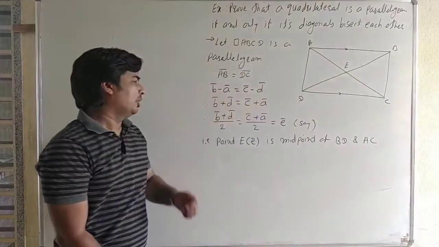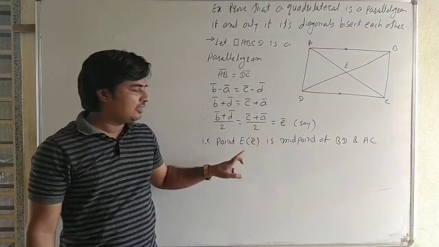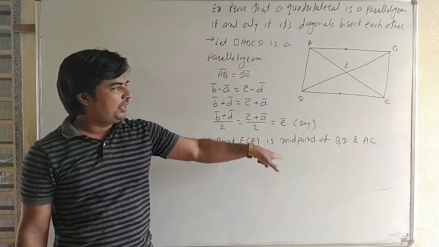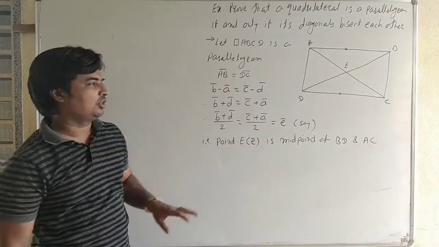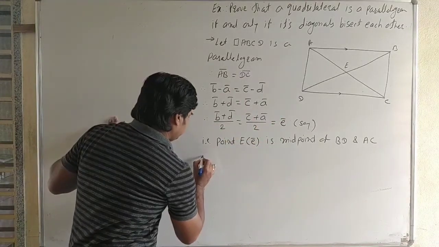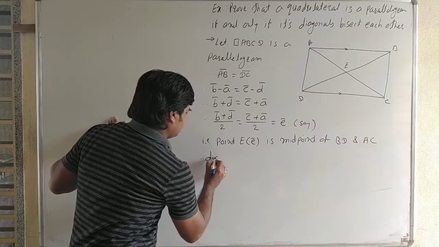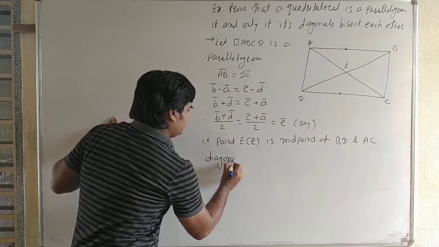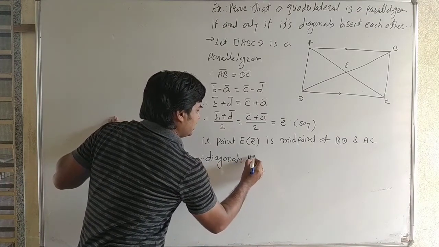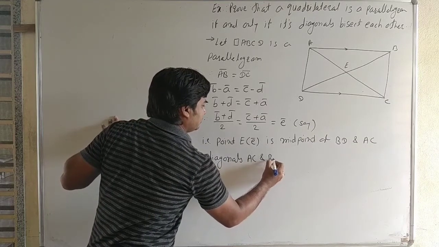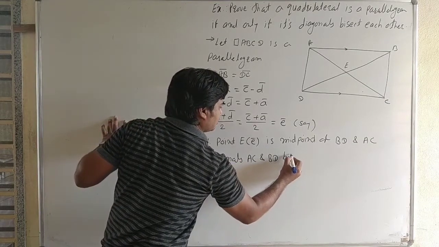Therefore the midpoint of BD and AC is the same point, therefore BD and AC bisect each other, that is, diagonals AC and BD bisect each other.